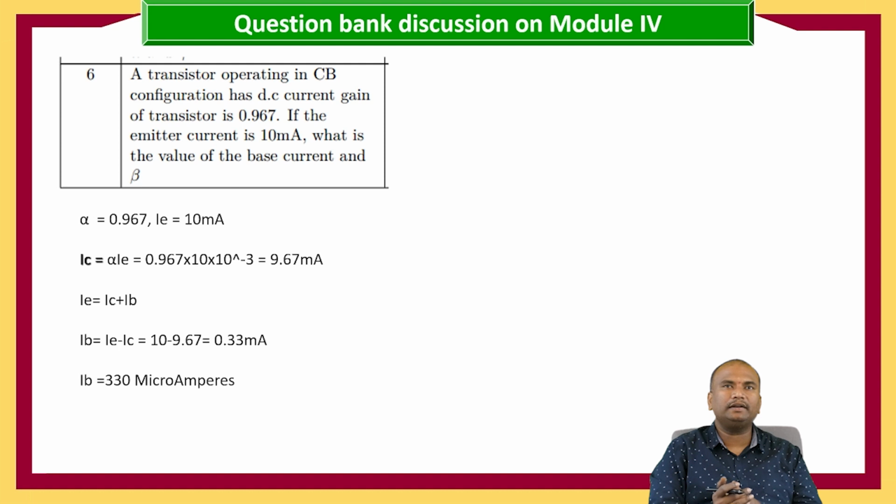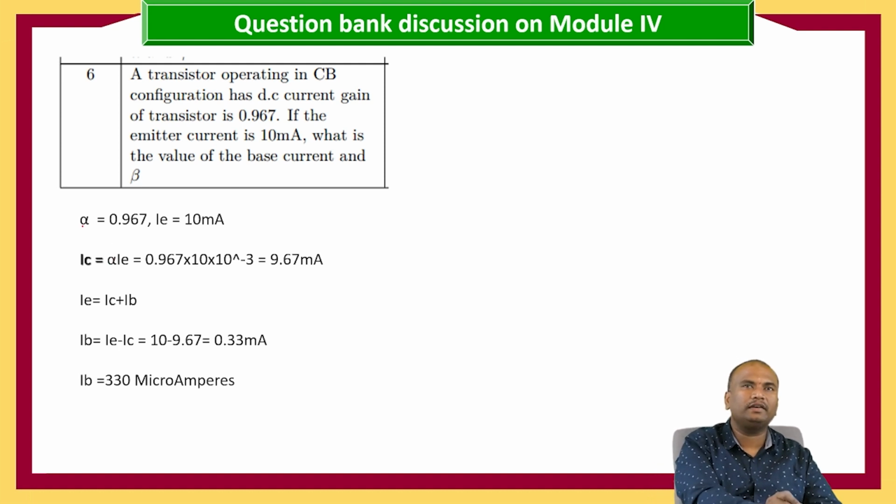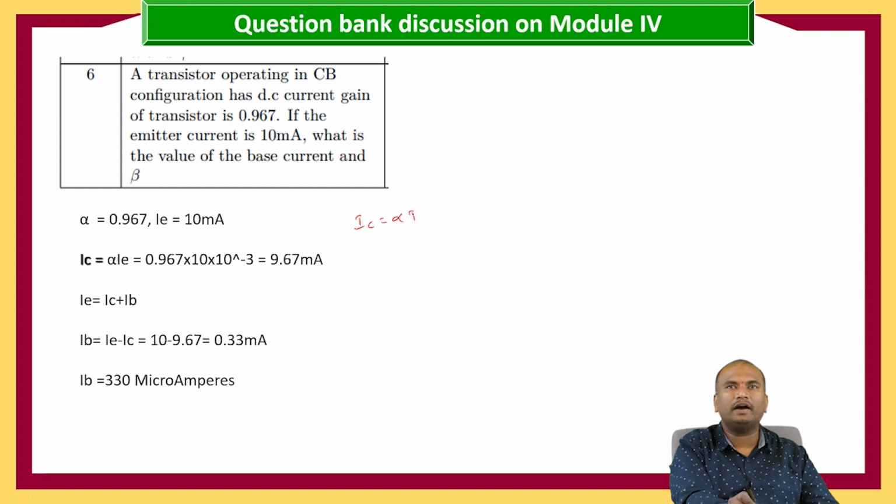The given data is alpha equal to 0.967 and IE equal to 10 milliamperes. The collector current IC is equal to alpha into IE plus ICBO. Here this leakage current we are assuming as 0 because it is not mentioned in the problem.